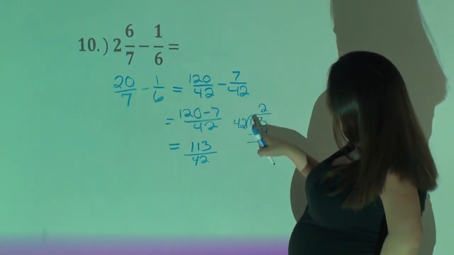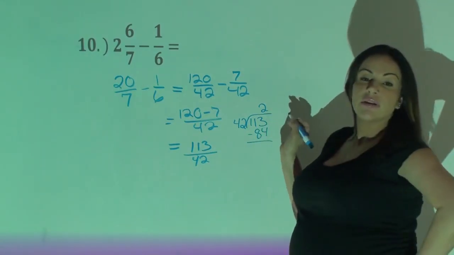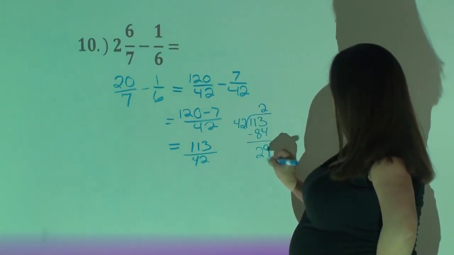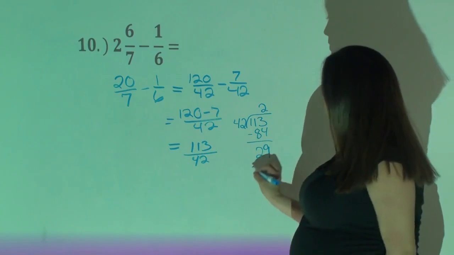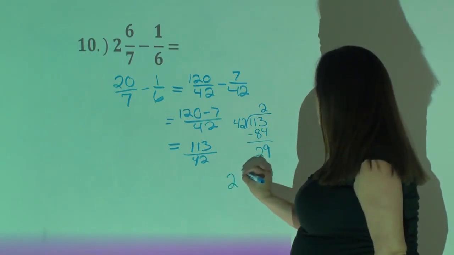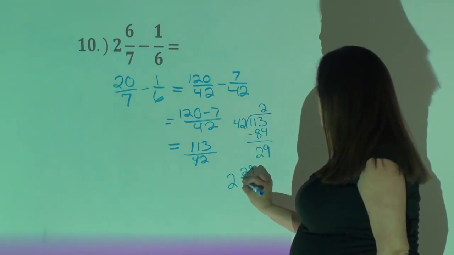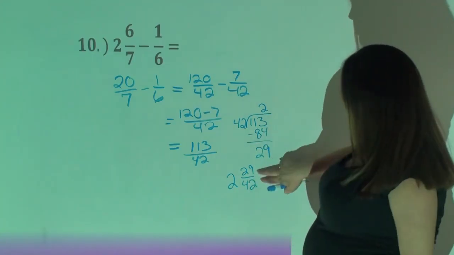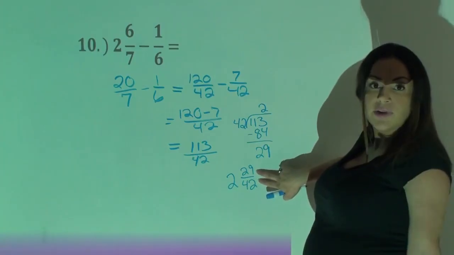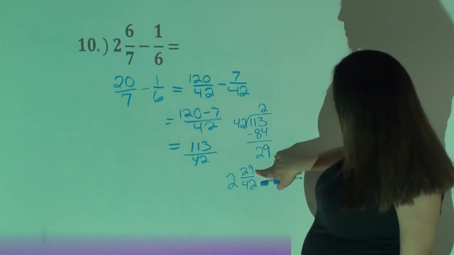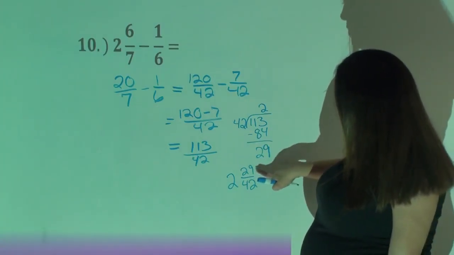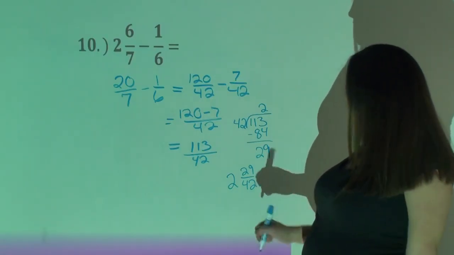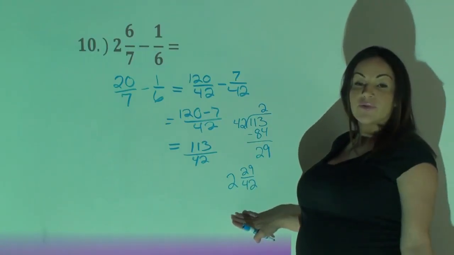And then 113 minus 84 is going to be 29. All right? So we're going to end up with 2 and 29 over 42. Okay? And this 29 over 42, if we could reduce it, we would. But 29 is actually a prime number, so it's only 1 and 29 go into itself. And 29 doesn't go into 42, so we've got it in a nice reduced form here.